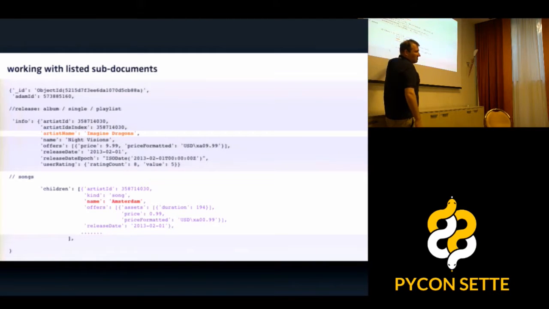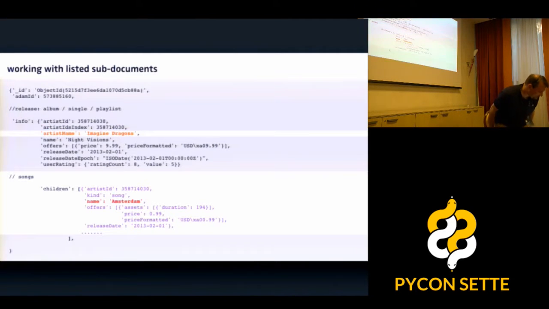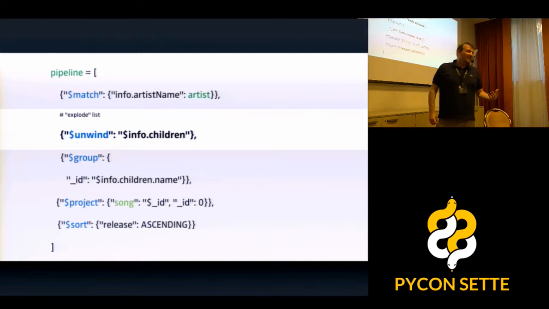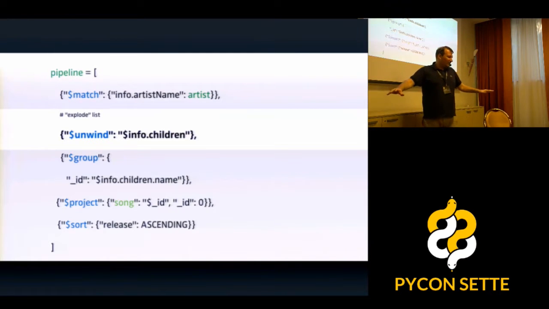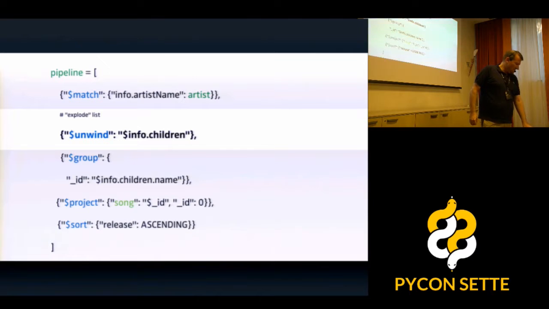We have 1 to n objects in our list, and how can we actually work with the artist and the title of the song? And this is where this crazy unwind operator comes in, because unwind is basically flattening everything out, and this is a very unusual concept if you come from relational databases.